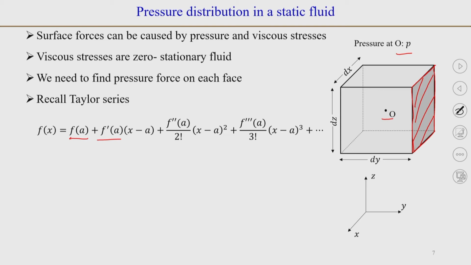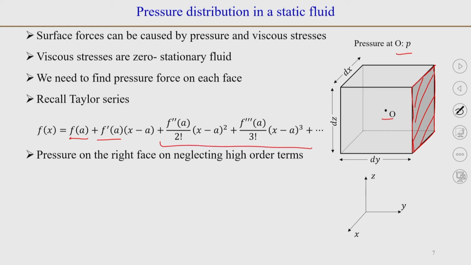So, that means dy squared will be small. So, we will neglect the higher order terms, second and higher order terms. So, if we apply Taylor series expansion, then we will obtain the pressure on the right surface as I have shown in the figure.